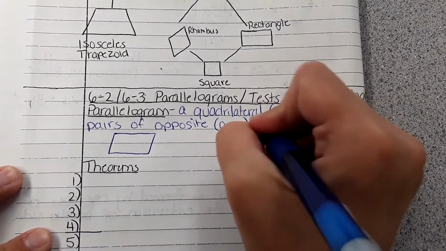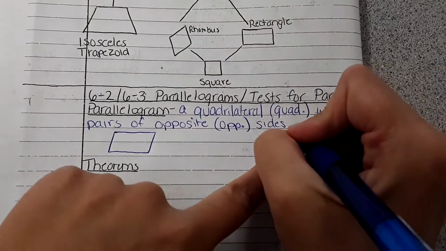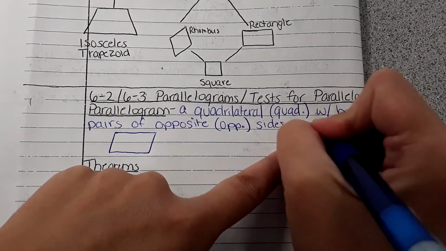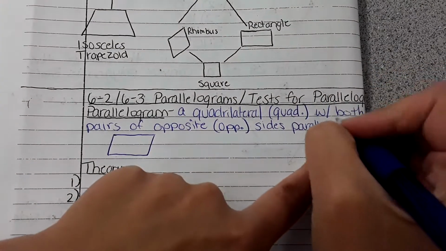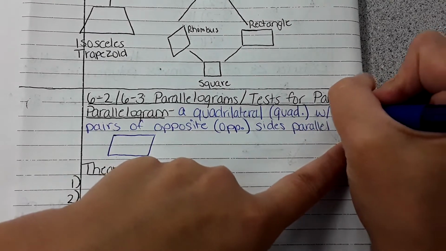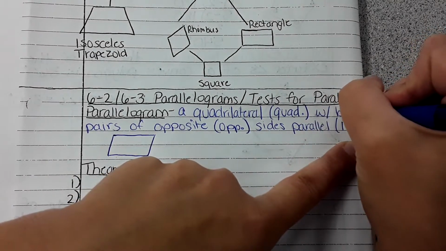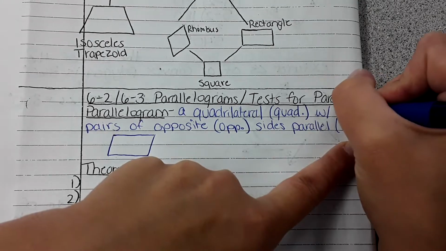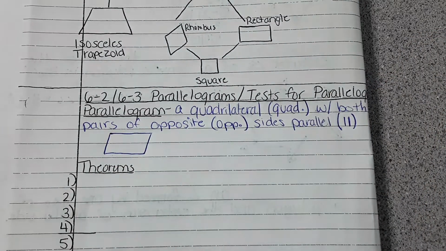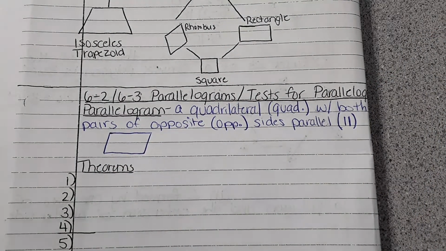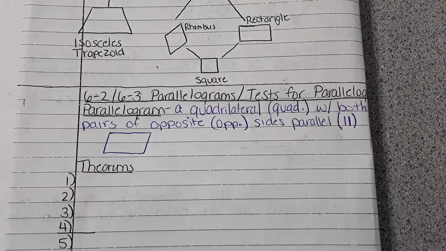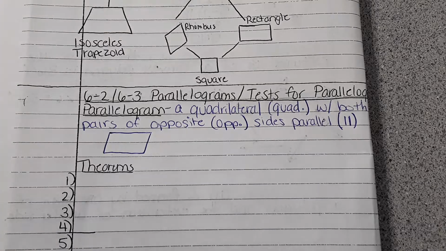Opposite sides parallel. And then parallel already has an abbreviation. It is these two lines like this. That's the abbreviation for parallel. So parallelogram, by definition, is a quadrilateral with both pairs of opposite sides parallel.